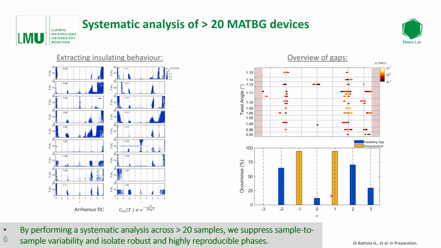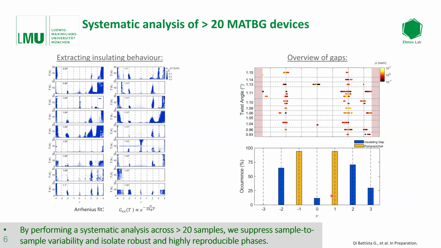The other development which we undertook before getting into the next generation of devices is that we went back to our catalog of devices that we have measured over the years.